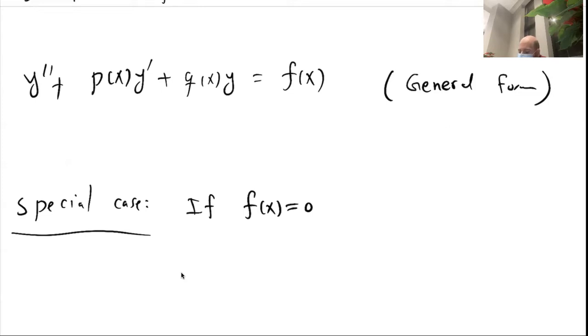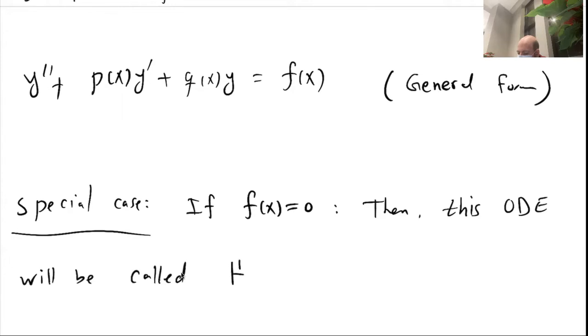So if f of x is 0, then we say that we have a homogeneous second order ODE. Similarly, of course, this definition can be applied for higher order ODEs as well.